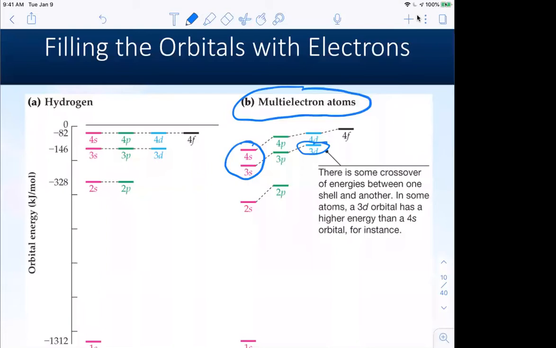So we really don't have to focus on this. Just know that in all atoms, except for hydrogen, there is going to be some crossover of energies between one shell and another. So for example, in any atom that has multiple electrons, a 3d orbital is going to have a higher energy than a 4s, which means the 4s is going to fill first.